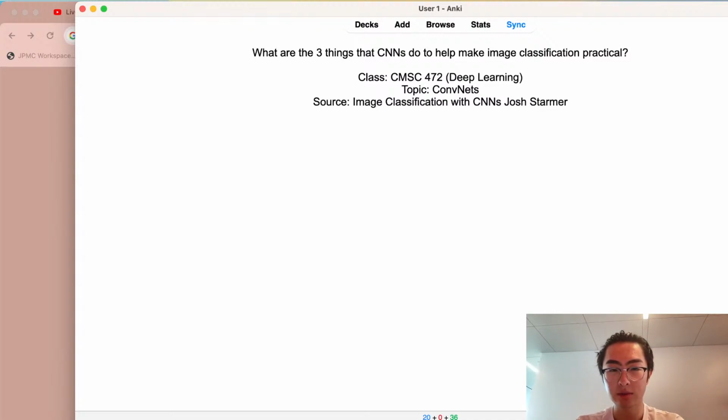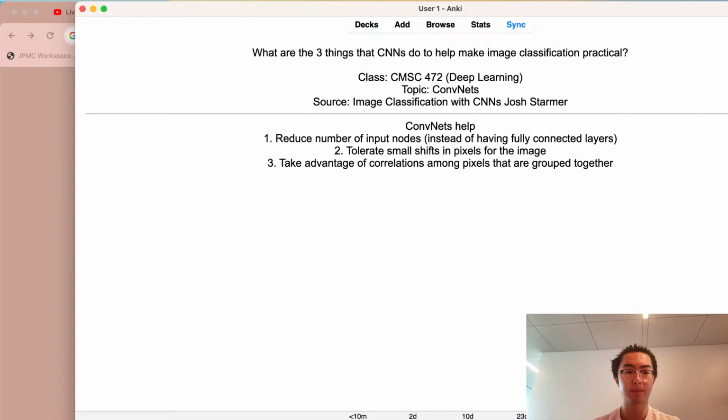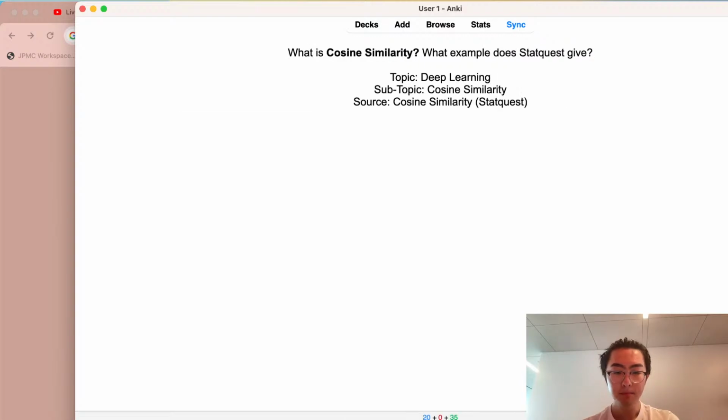And I think the last one is that if you use a convolutional neural network, shifts in the image shouldn't have a big effect on the image classification. That's pretty good.